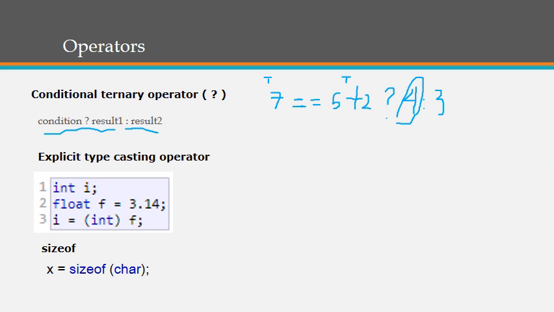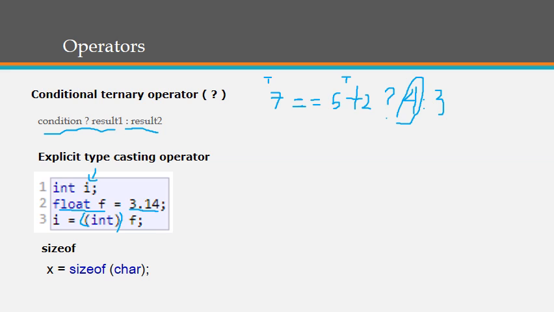So we have a variable of type float, variable f, which has value 3.14. We're casting that variable to type int and putting the result into i, which was a declared variable of type int.